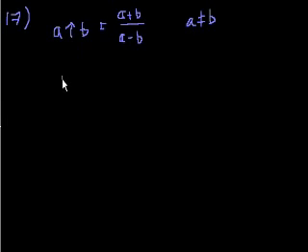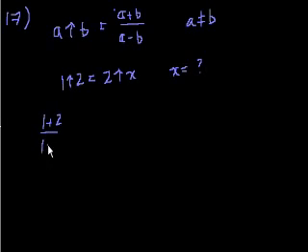So we know that 1 up 2 is equal to 2 up x. What is x? So let's set up the equation. What is 1 up arrow 2? We just use this formula: that's 1 plus 2 over 1 minus 2. 1 is A, 2 is B, right?